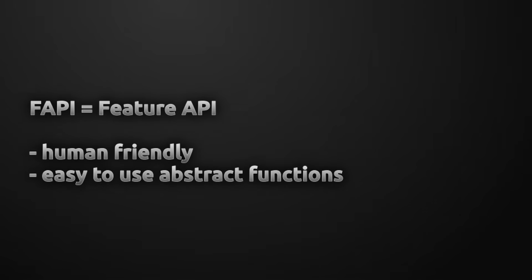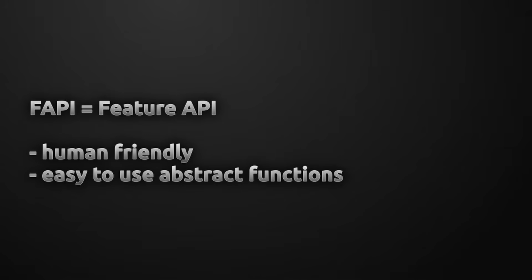And the highest abstraction level is the FAPI, the Feature API. This is the high-level, developer-friendly layer. It provides simple functions like create a key, sign this data, or perform an attestation, without you worrying about handles, sessions, or authorization math.